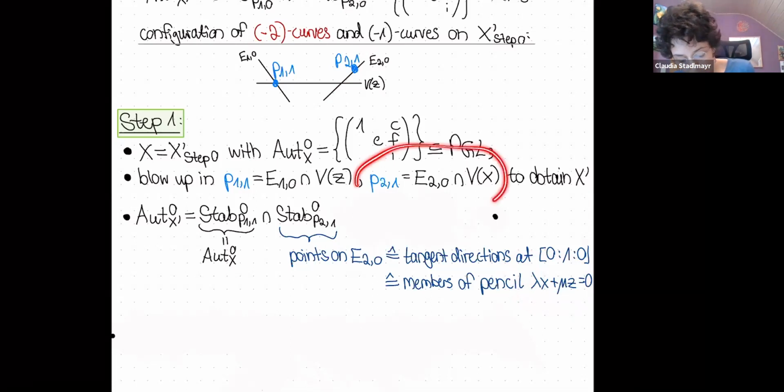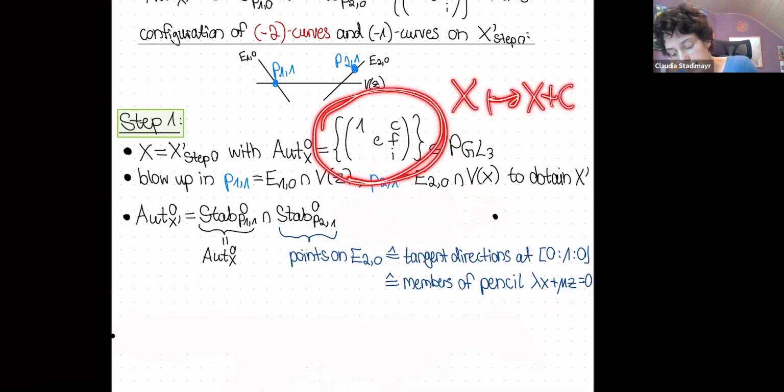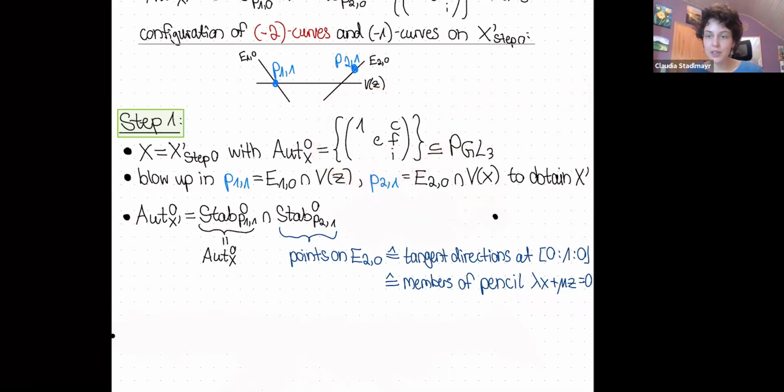And since P21 was the intersection of our exceptional locus with the strict transform of x equal to 0, we want to preserve the line x equal to 0. And now we see where it goes under this matrix. So x goes to x plus cz. So the line x equal to 0 is preserved if c is equal to 0. So we get this automorphism scheme, c equal to 0.